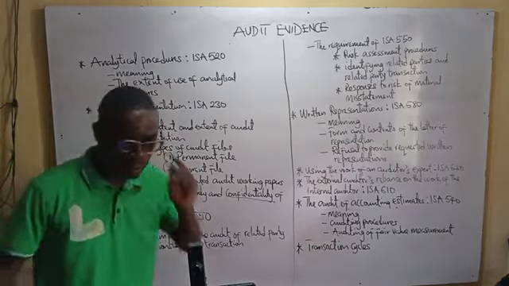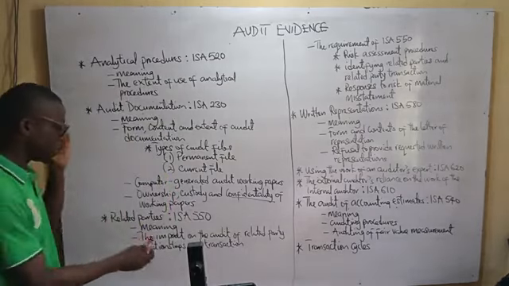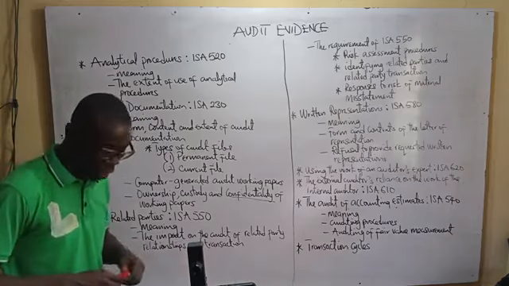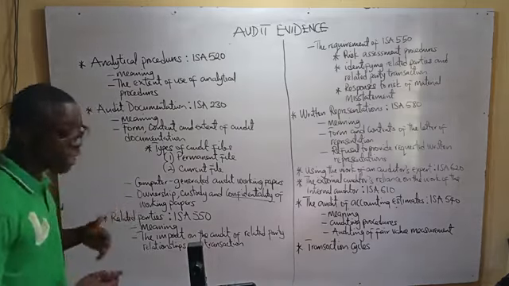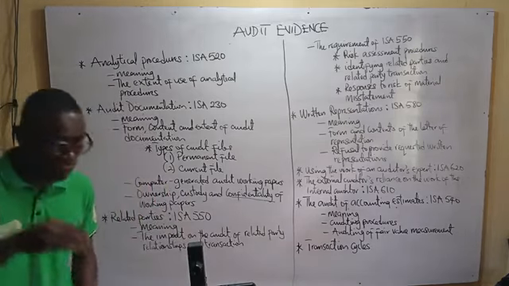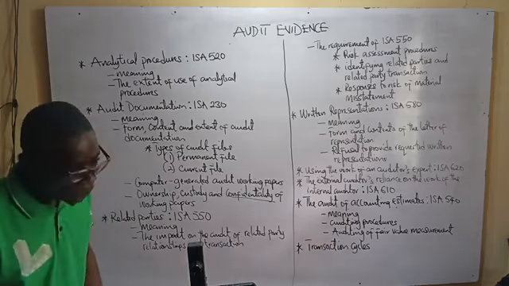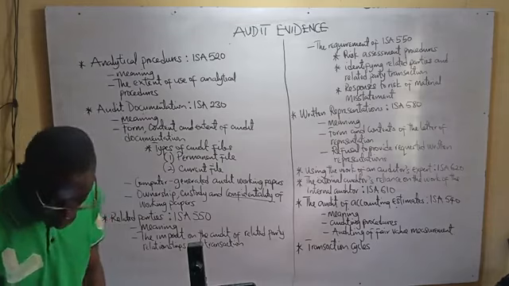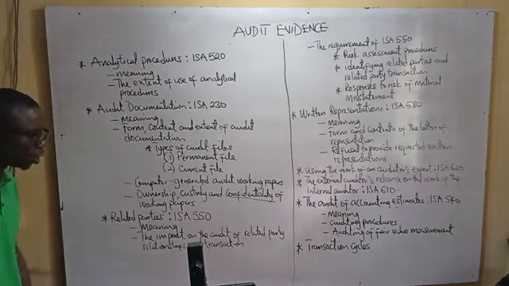What do we mean by the meaning of related party? Related parties are individuals or organizations that might have, or might be expected to have, undue influence on a company being audited.